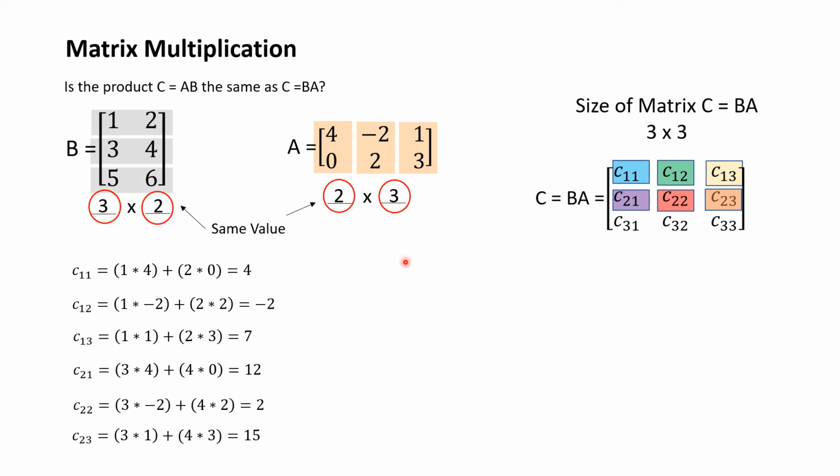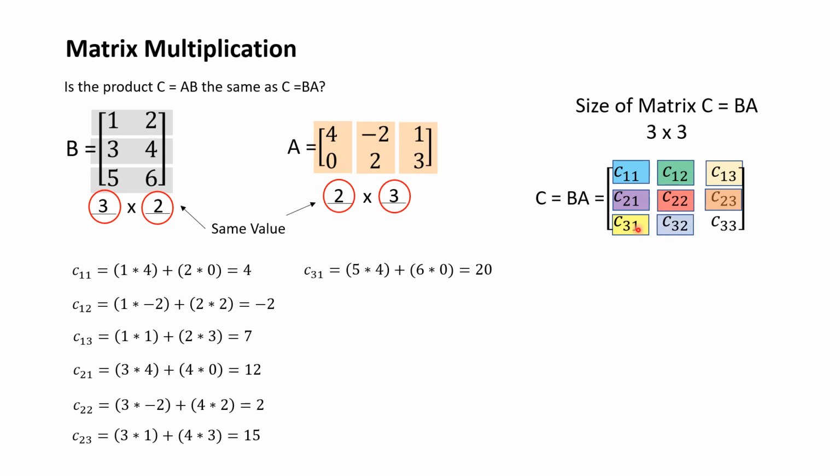And for the last row in matrix BA, to determine the coefficient C31, we take the dot product of the third row in matrix B with the first column in matrix A to give us a value of 20.